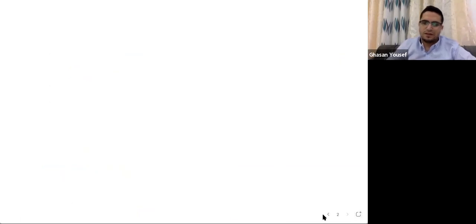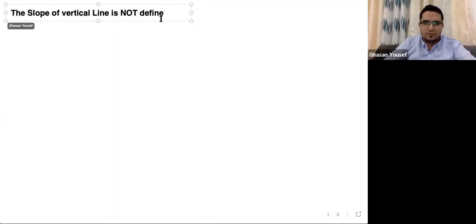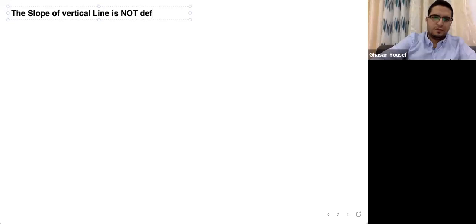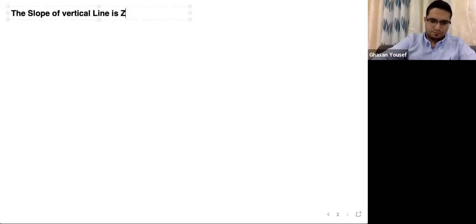So the same idea, like here the slope of the vertical, here we're going to use the slope of the horizontal.